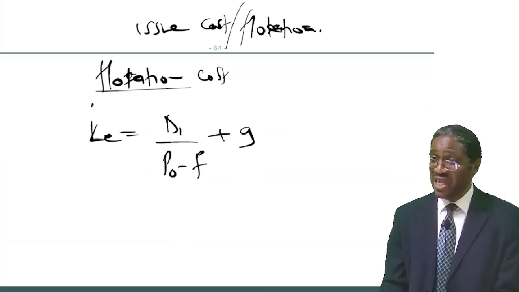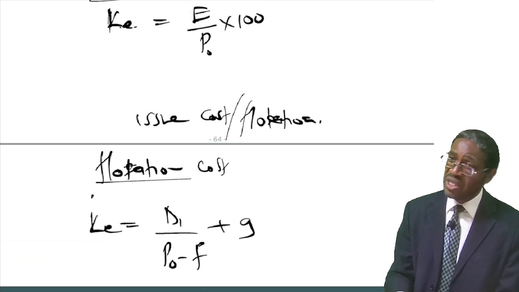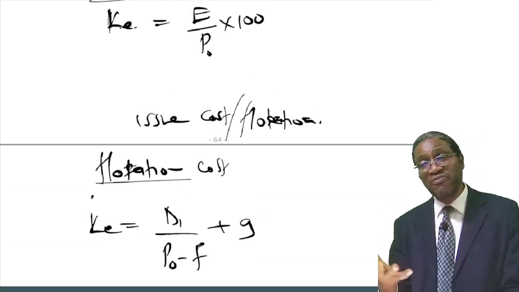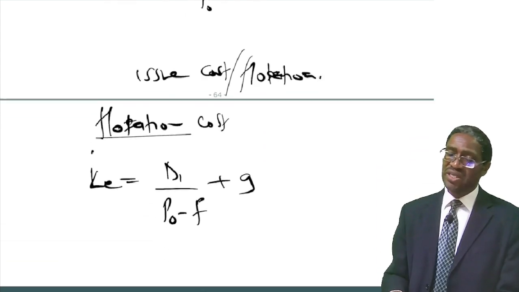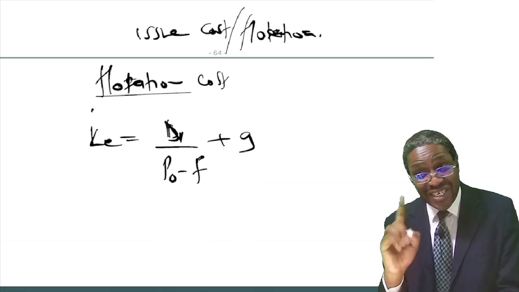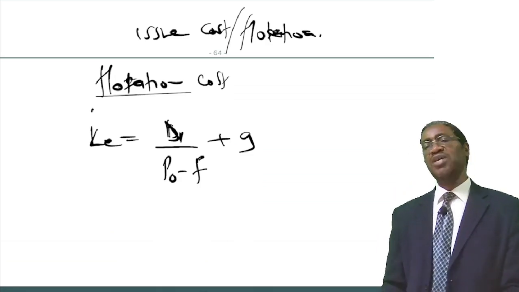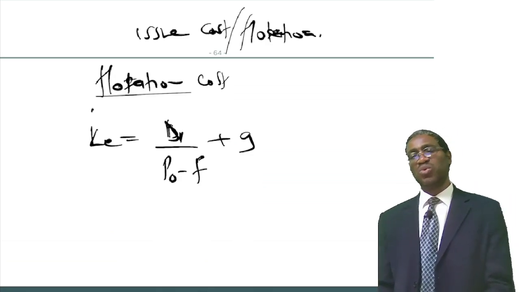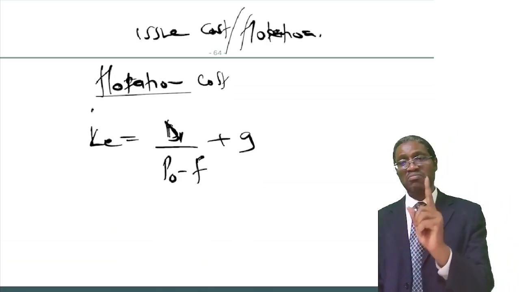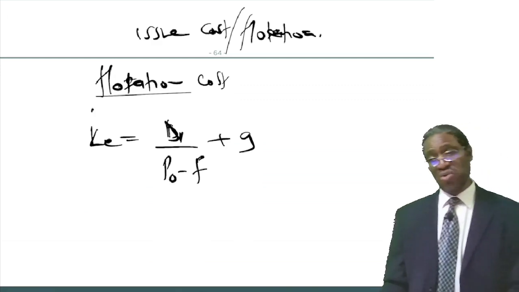And now, where we expect some flotation cost, we modify the formula and take it to be D1, which is the expected dividend, divided by P0 minus F, which is the flotation cost, plus g, which is the growth rate. Good.